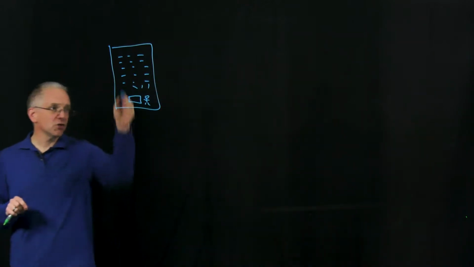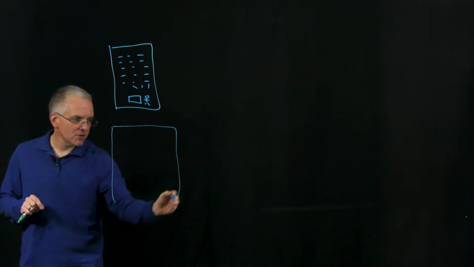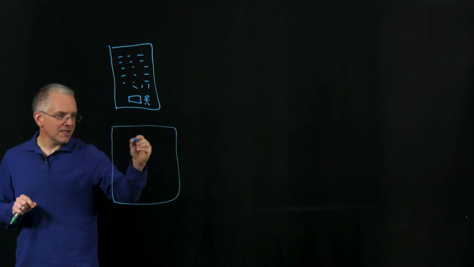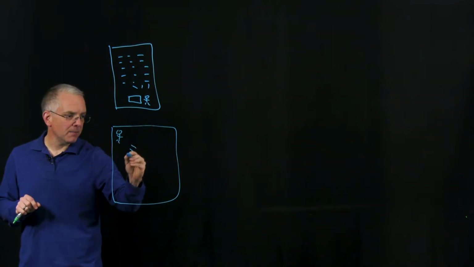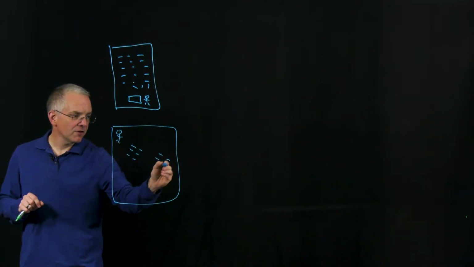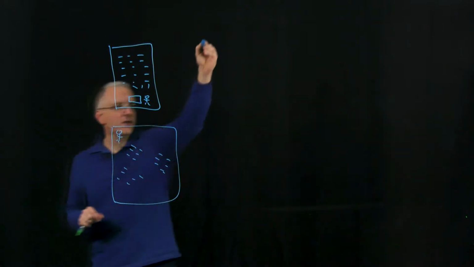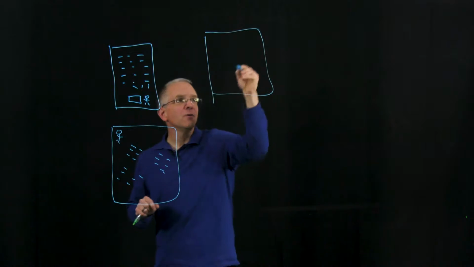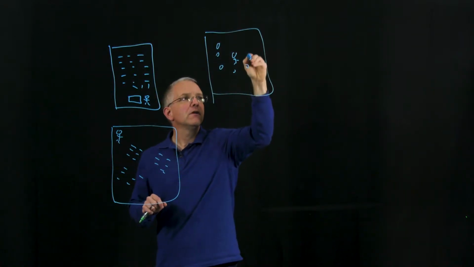Ultimately, one of the best things you can do in a classroom like this, if these are desks, is try to arrange the classroom in such a way so the faculty member is not the focal point. Faculty member can be over here, and the students can be in pods like this, where they're facing each other. Or you can have a classroom like this, where the faculty member is in the middle, and the student desks are all around.